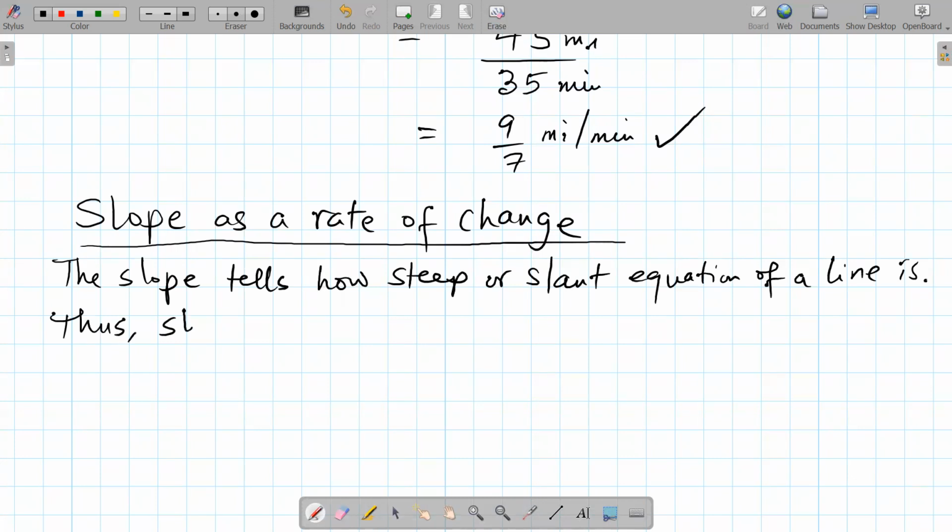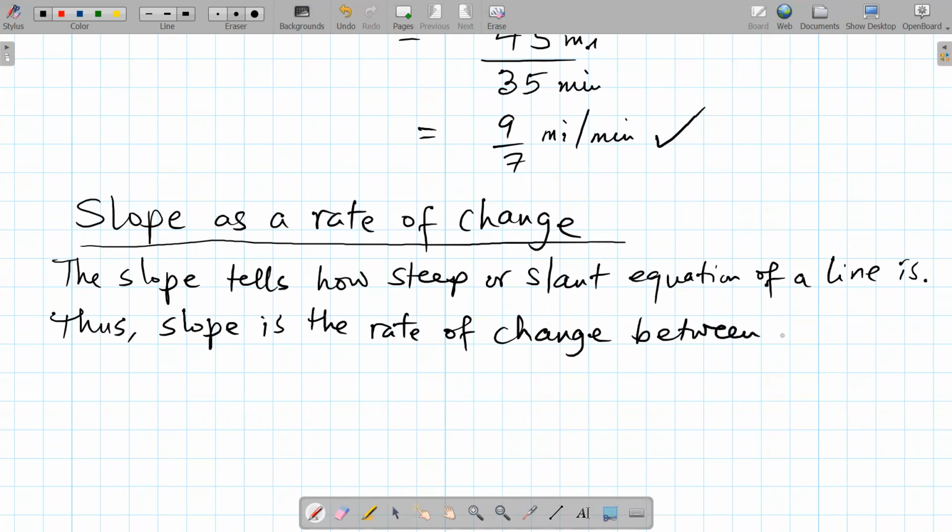That's slope is the rate of change between any 2 points on a given line.